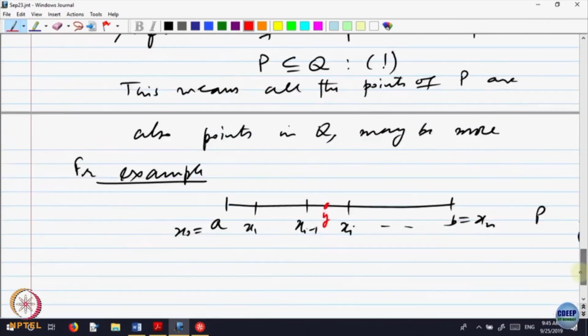Now why are we doing that? The reason for defining refinement is the following. So let us look at upper sums and lower sums.